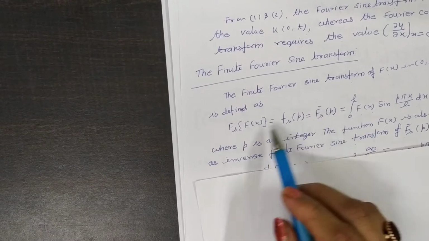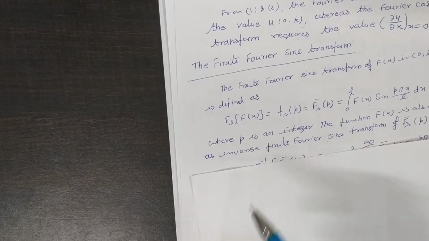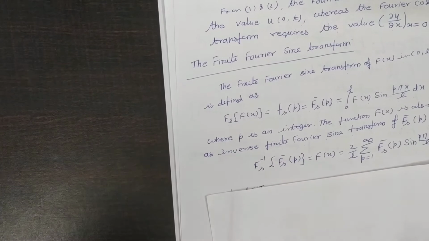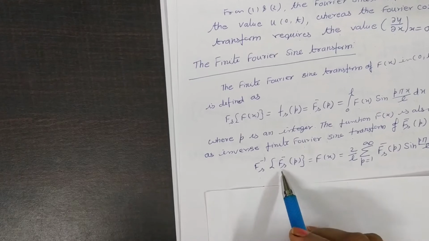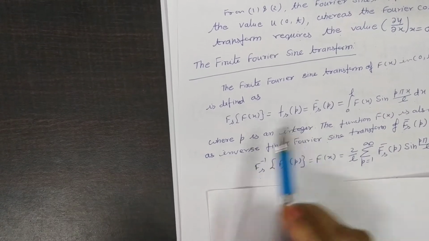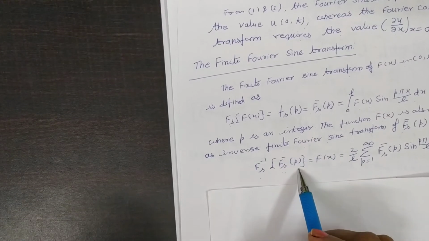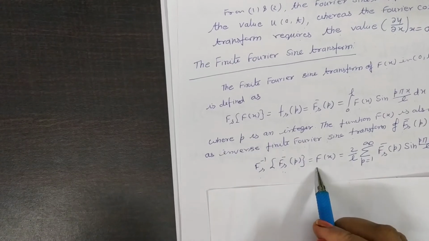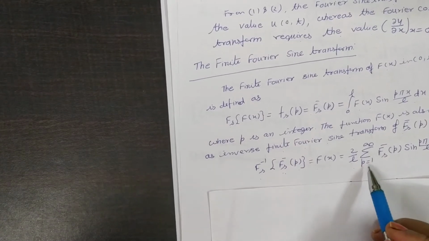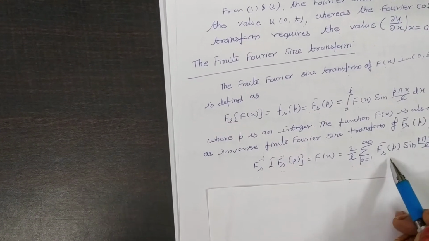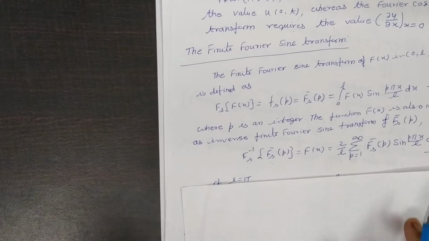If you take the inverse, f(x) is equal to 2/L times the sum over p from 1 to infinity of f̄_s(p) sin(pπx/L).